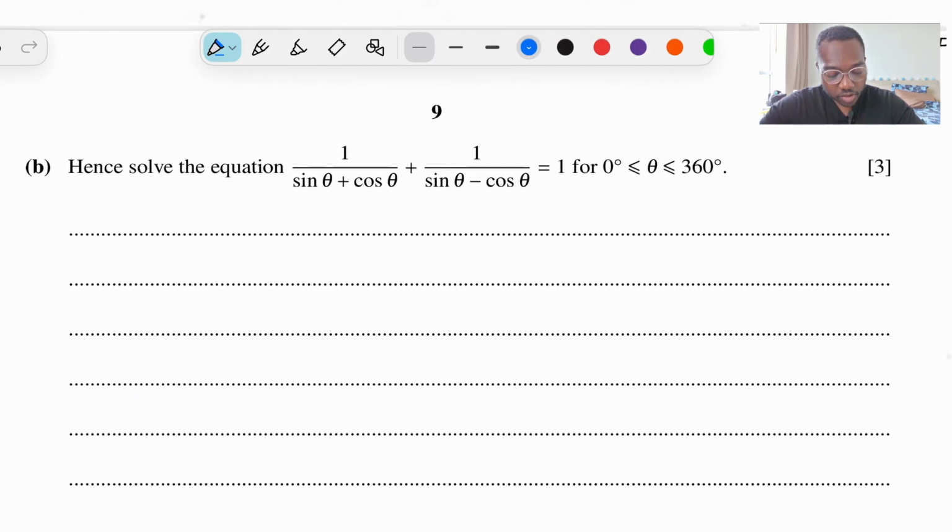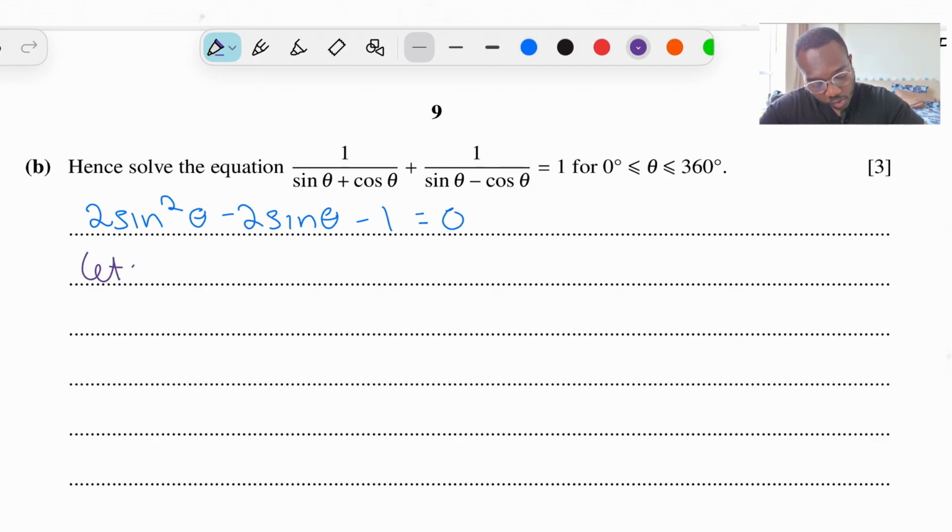And now we've got to solve this equation, where theta is between 0 and 360, okay? So again, if I just rewrite it, we had 2 sine squared theta minus 2 sine theta minus 1 is equal to 0. Let me use substitution. So let y equal sine theta. By doing that, we can get this into a nice looking quadratic equation.